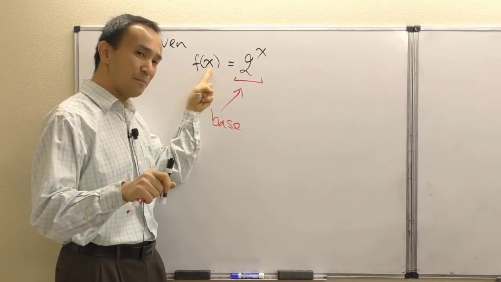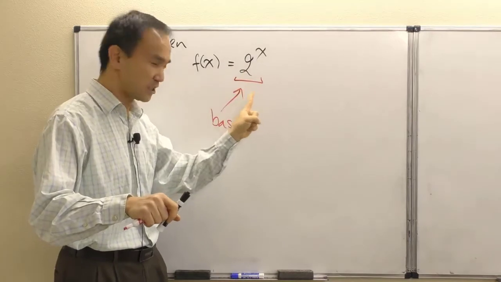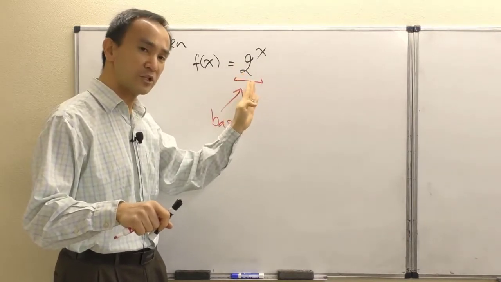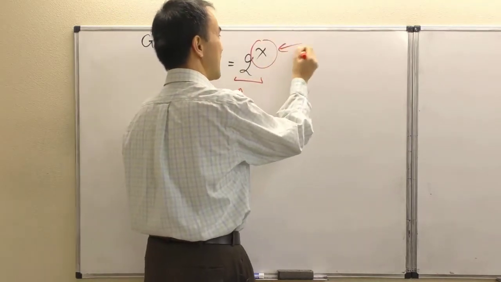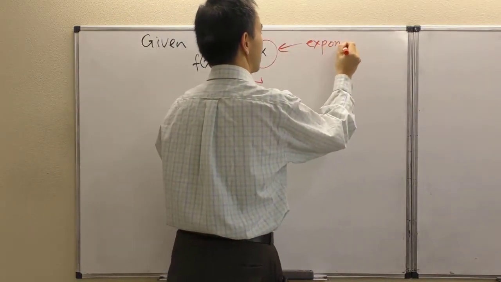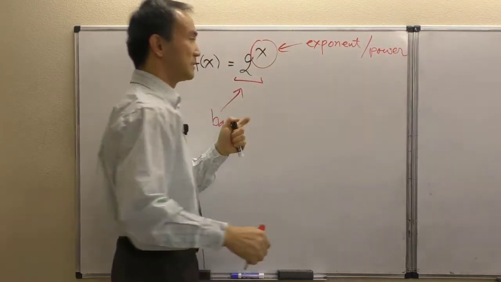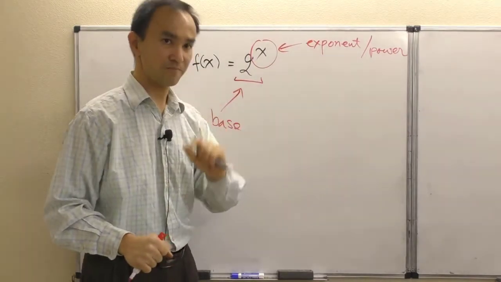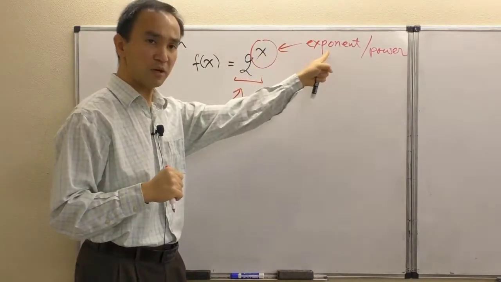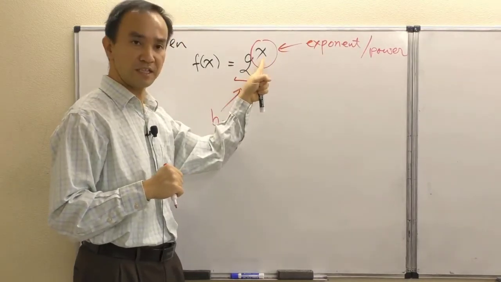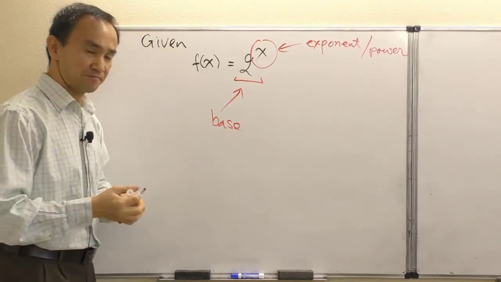With a given input, this rule says we are going from base 2, and from base 2 we raise to the exponent, or the power, which is specified as the input.